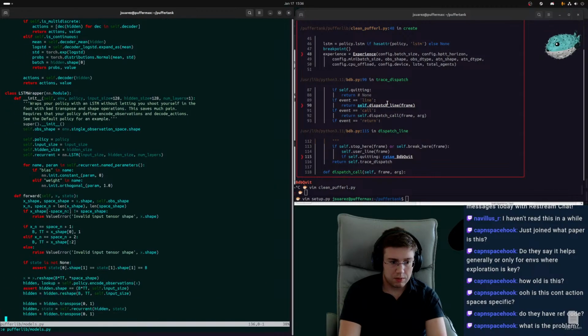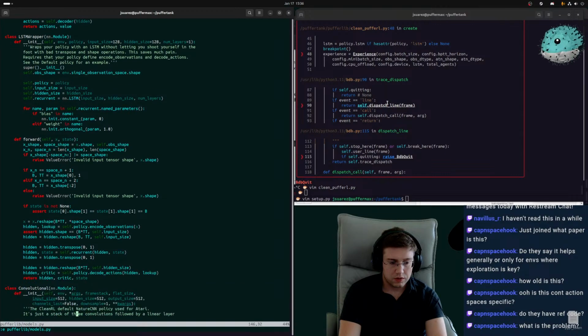So LSTM wrapper of policy. This needs to take E3B. Okay, and this is going to be encode observations.